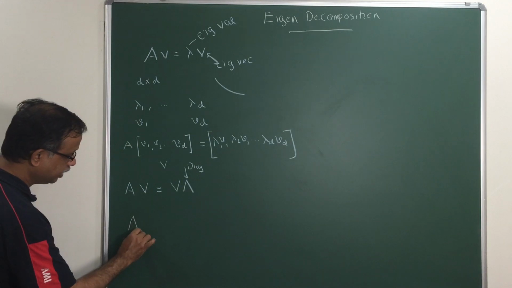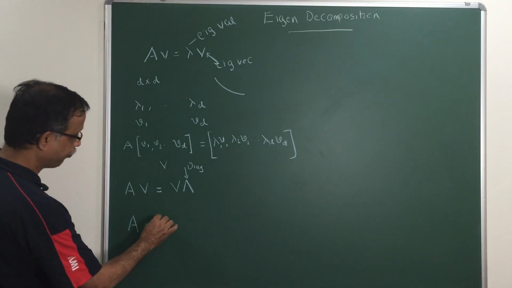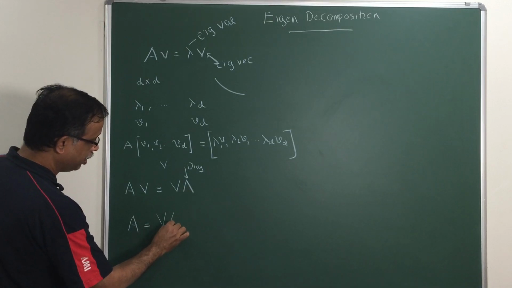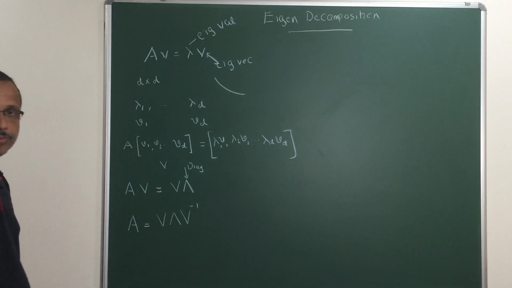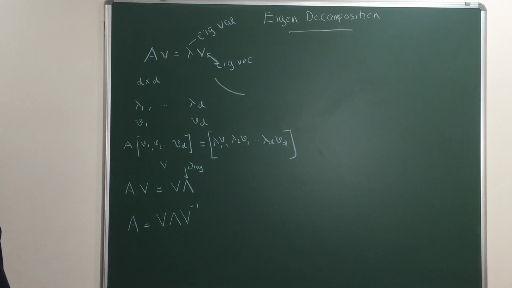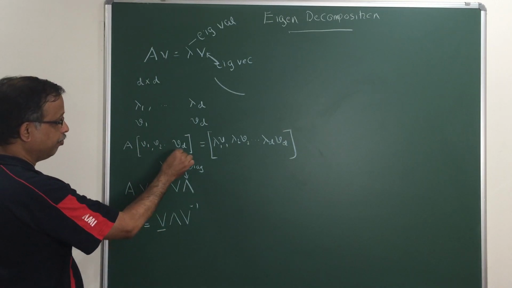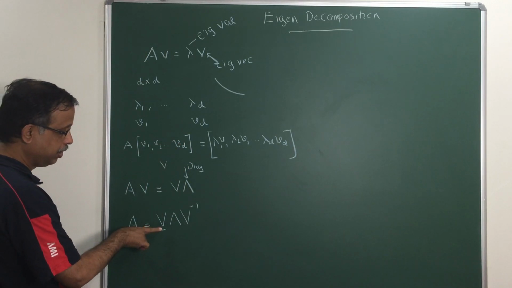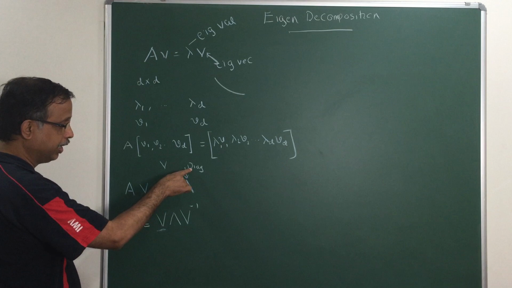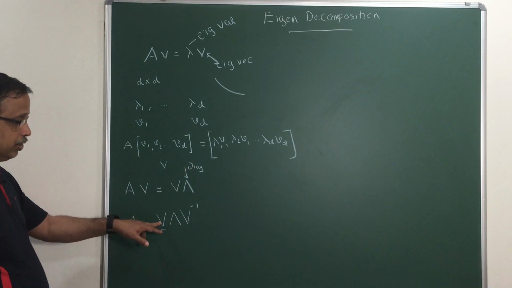Or you can write this also as A is equal to V lambda V inverse, where V is a matrix with columns as eigenvectors, lambda is a diagonal matrix with eigenvalues, and V inverse is the inverse of this matrix.